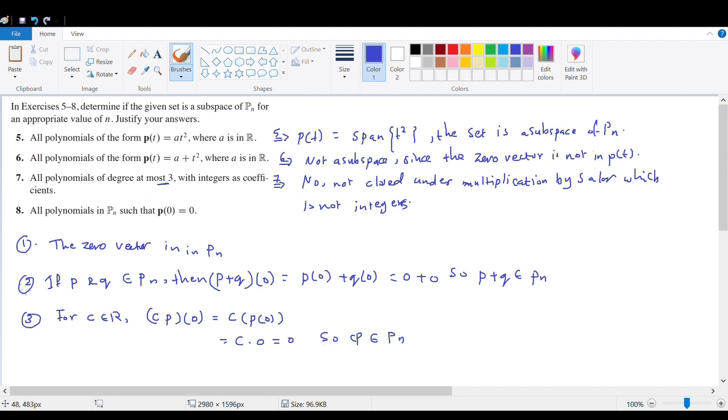So by 1, 2, and 3, this one is a subspace by theorem 1. So Pn is a subspace by theorem 1.